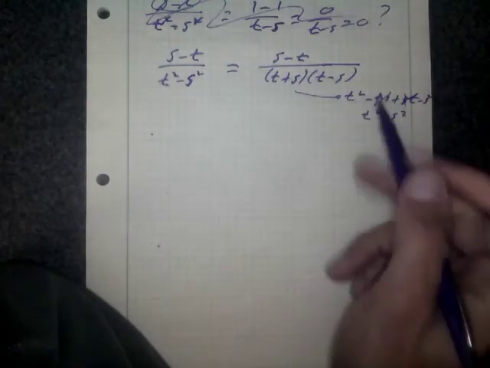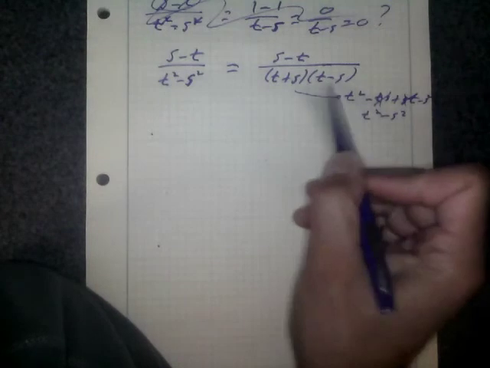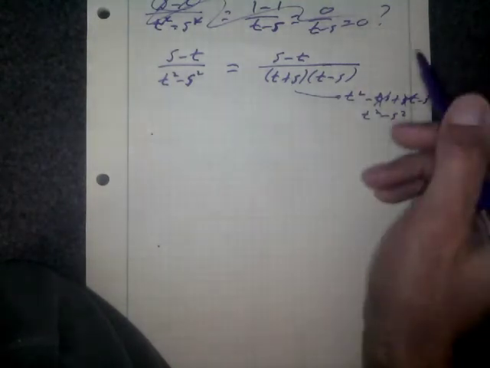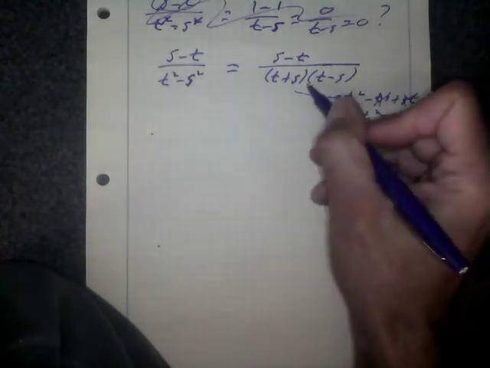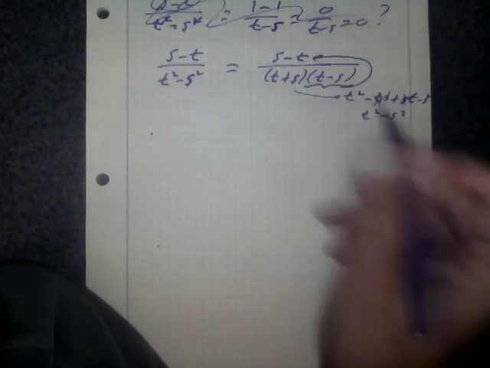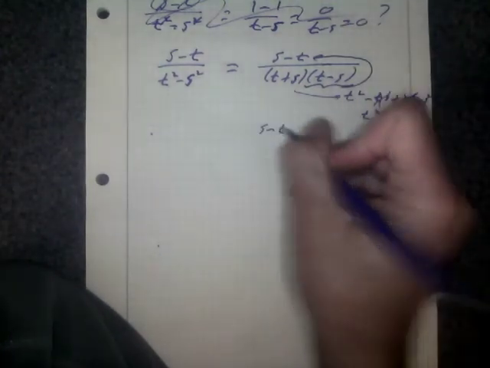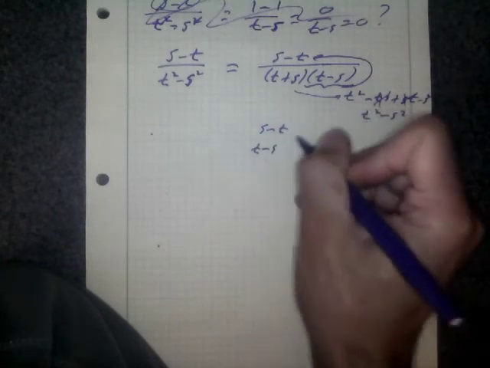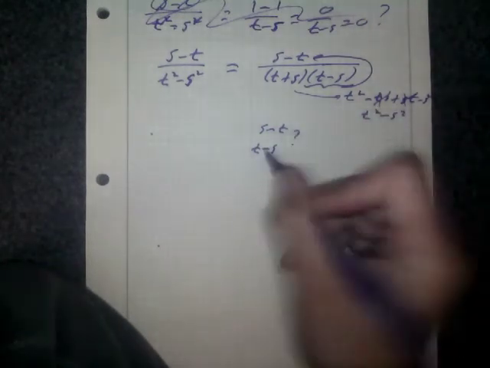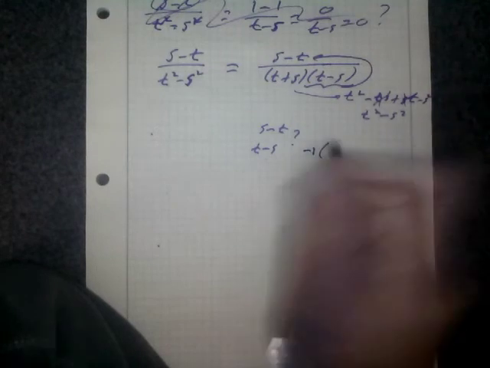So now if you look at it carefully, you basically have it down to some pretty raw terms. There isn't much you can do with the s minus t or the t plus s. But this t minus s term is related to the s minus t, because they're negatives of each other. Suppose I factored a minus 1 out of this t minus s term.